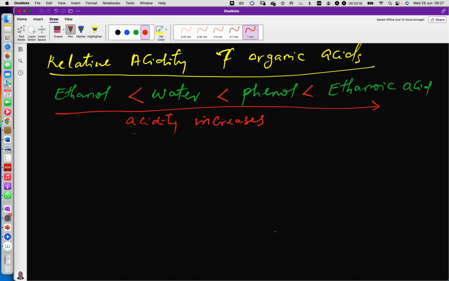One, the strength of an organic acid depends on the ease at which the hydrogen ion is donated. That is the strength of the OH bond.